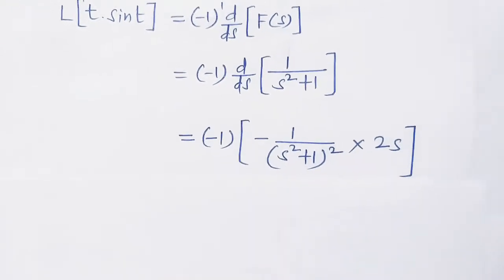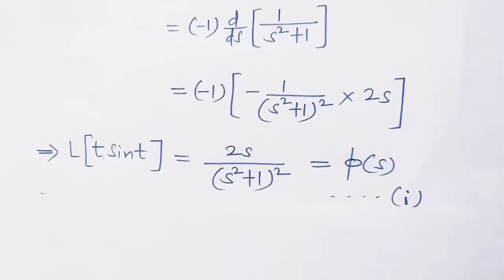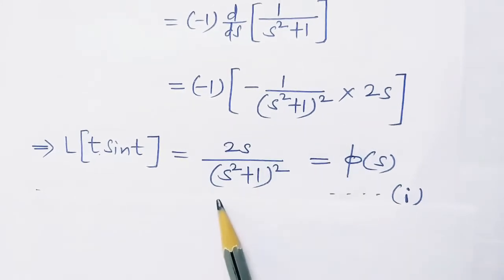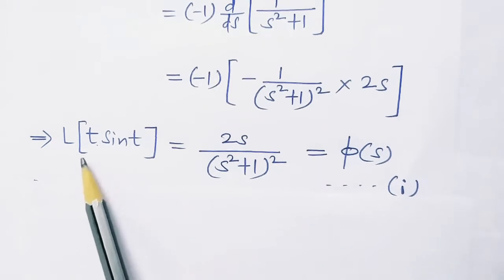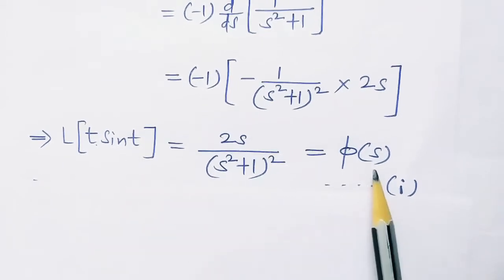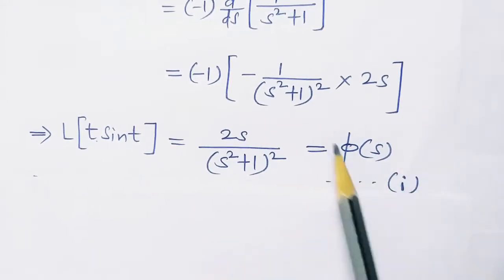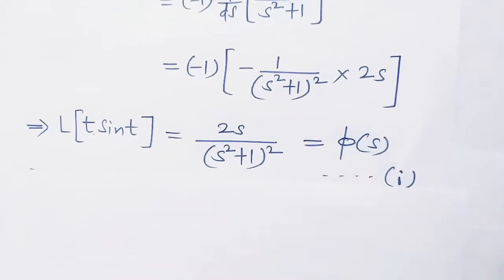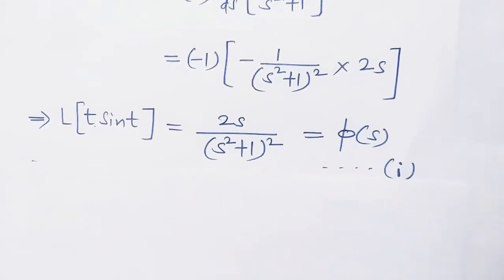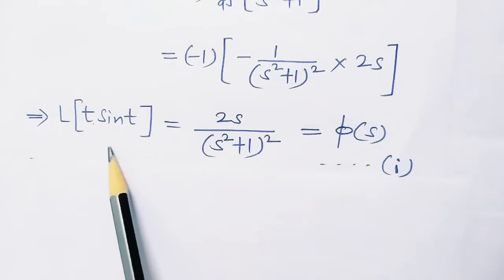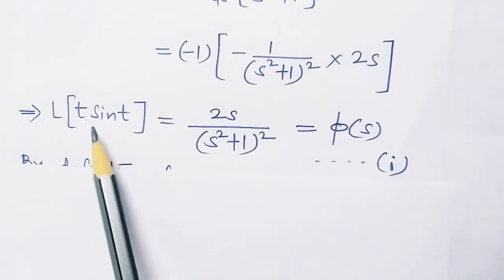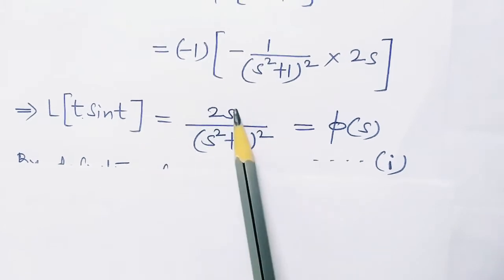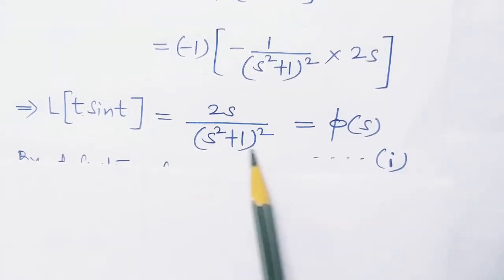On simplification we obtain 2s divided by s square plus 1 the whole square, and that is the Laplace transform of t times sine of t. And just for our understanding, we may write phi of s instead of f of s, a general notation. Now we have reached up to this, let us call this equation number 1. So Laplace transform of t sine of t is 2s divided by s square plus 1 the whole square.